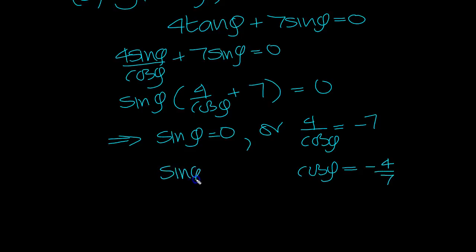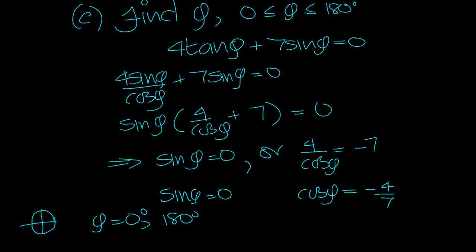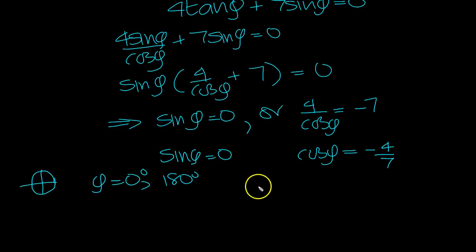Sine phi is 0. So from sine phi is 0, we know that that's going to be 0 to 180 from our picture. If it's in the range, part C, yep, that's fine. And cos phi, CAST, cos is negative. It's positive here and here, so it's negative there and there. Alpha, alpha. It's only this angle here we need in the range.